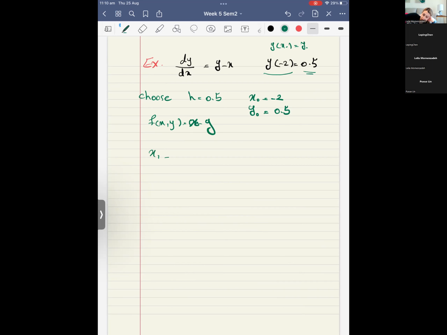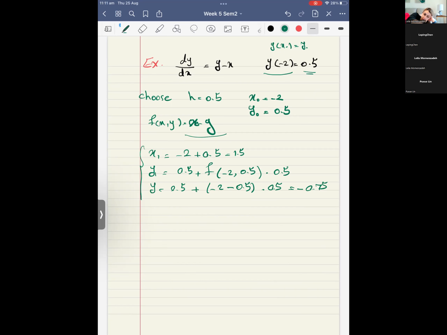Now x1 is equal to minus 2 plus h, which is minus 1.5, and y1 is equal to y0 plus f of x0, y0 times h. That means y1 is equal to 0.5 plus, using this equation, minus 2 minus 0.5 times 0.5, which would be equal to minus 0.75.